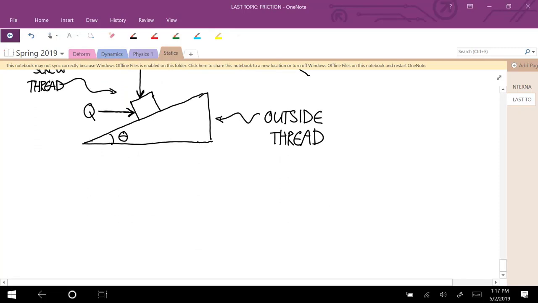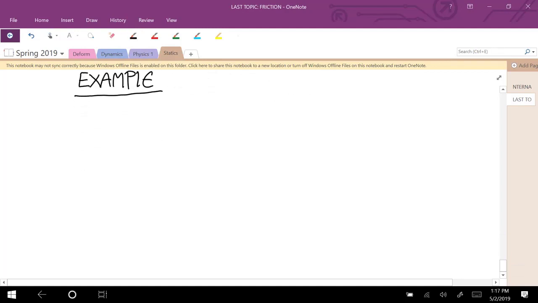Okay, so let's say that we have a square threaded screw supporting a force.